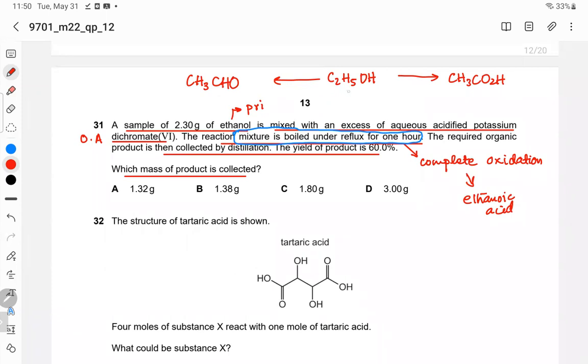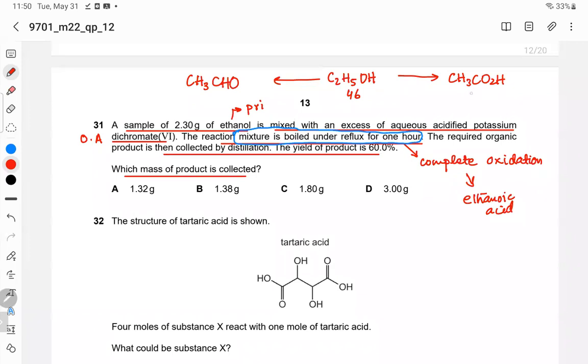So what is the Mr of ethanol? There are two carbons, which makes it 24, one oxygen, which is 16. So 24 plus 16 is 40, and 40 plus 6 hydrogens is 46, right? What is the Mr of ethanoic acid?